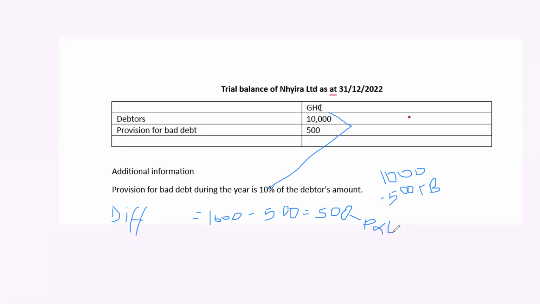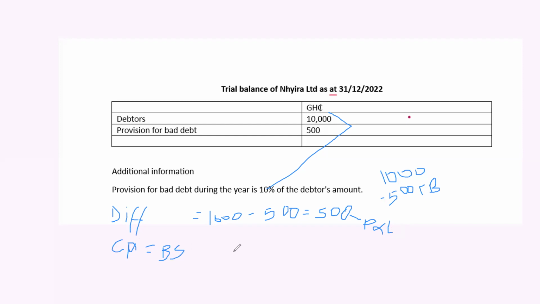Then the current provision will go to the balance sheet. So difference, P&L; current provision, CP, will go to the balance sheet, or the statement of financial position.